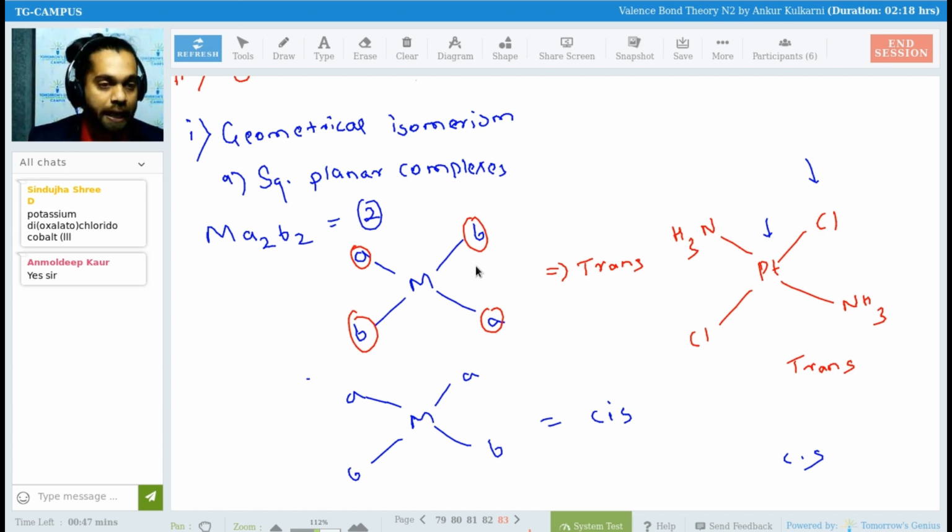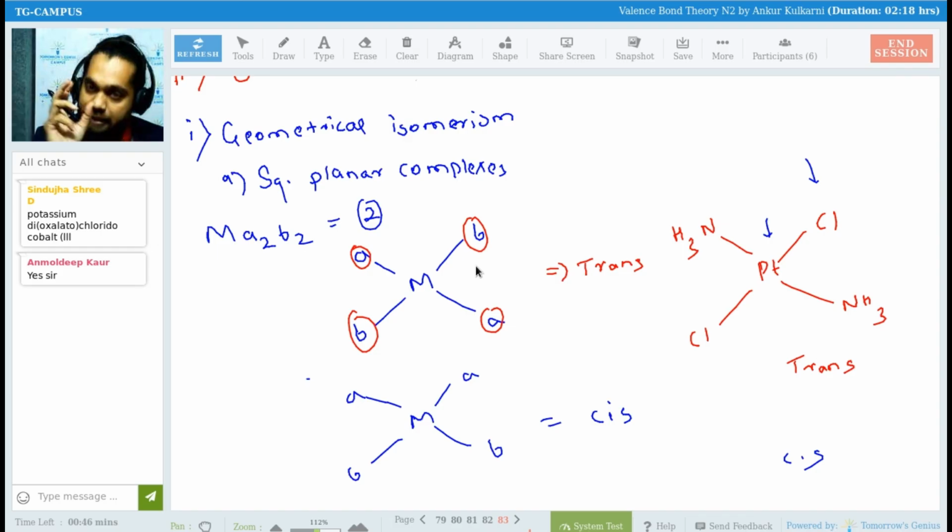Sir, is ethylene diamine a square planar complex? Ethylene diamine, we can have it in a square planar complex, but your ethylene diamine is a bidentate ligand.